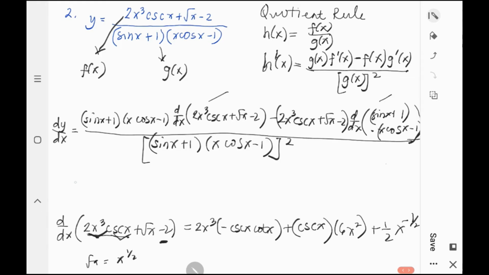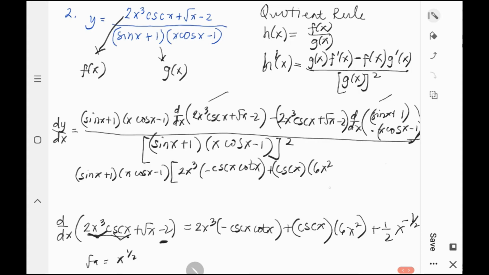So you have sine x plus 1 times x cosine x minus 1. This derivative here is equal to the following: you have to multiply by 2x cubed negative cosecant x times cotangent x plus cosecant x times 6x squared, and then plus 1/2 x to the negative 1/2.